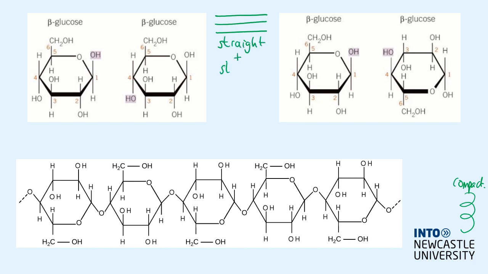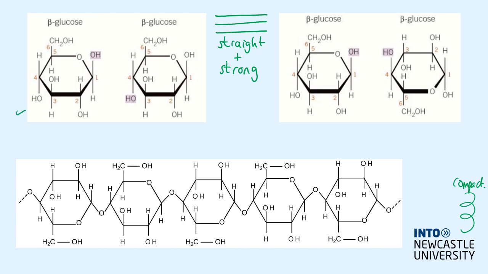If you think about bridge building, engineering, you're building a structure that's strong, the structure will be based on straight lines. Straight lines are stronger than a helical structure. And the reason that cellulose becomes a straight molecule compared to starch and glycogen that become a helical molecule is all to do with the position of that OH group on carbon 1.